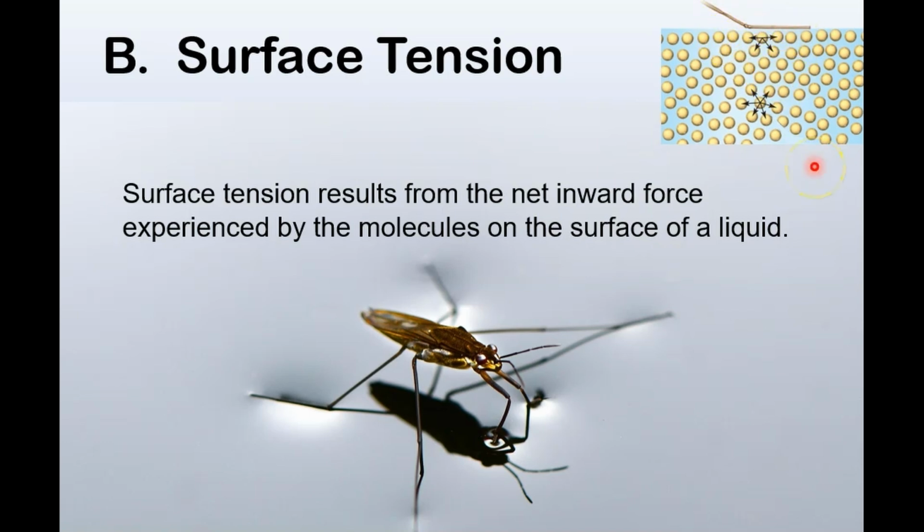And you think about it, it makes it like a drum head being pulled tight. It gives rise to surface tension. Surface tension results from the net inward force experienced by the molecules on the surface of a liquid. It's also going to make a small piece of water bead up and form a sphere.